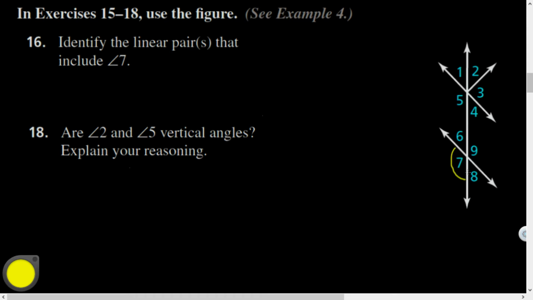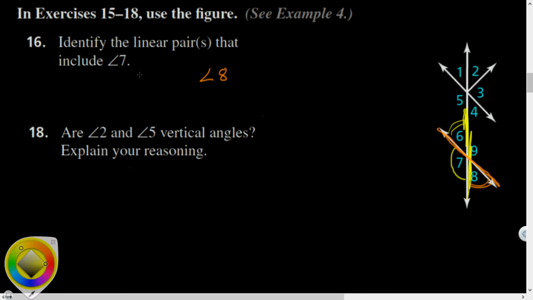So here's angle 7, and a linear pair with that would be 6, right? Because together they form a line right there. And then I also could have angle 8 because together those form a line with angle 7. So angle 8 works and angle 6 works. Sorry, thank you, 6. You guys got my back.